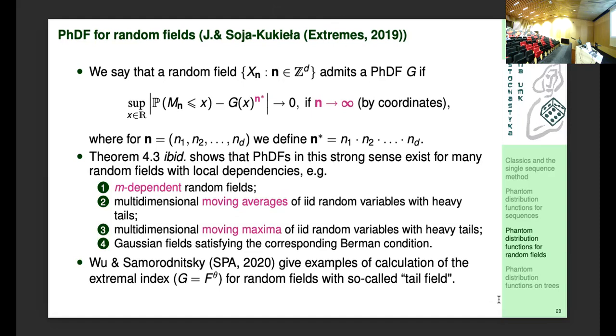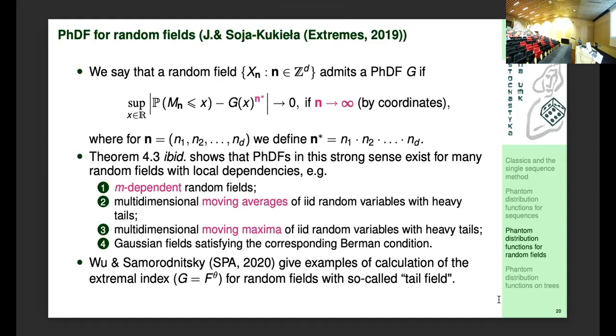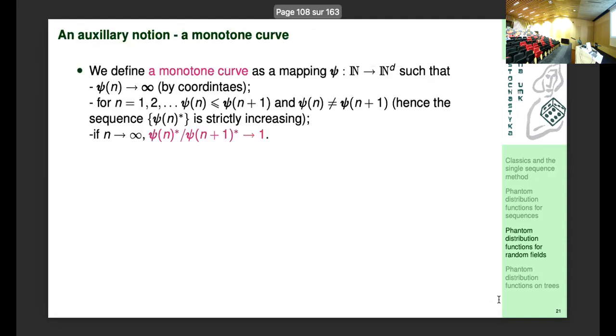So there are examples of such random fields with a continuous phantom distribution function in this strong sense. But it appears that it is too strong in a sense. It's a natural generalization, but very strong.